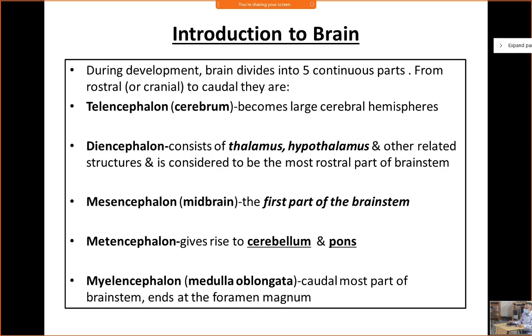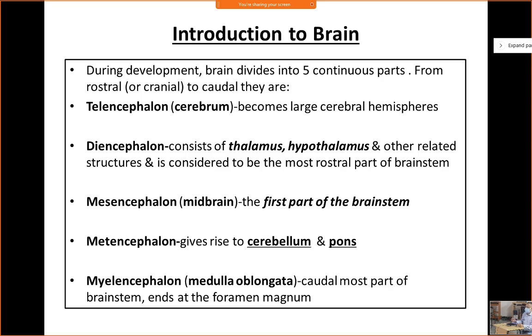Next is the diencephalon, which gives rise to the thalamus, hypothalamus, and other related structures.